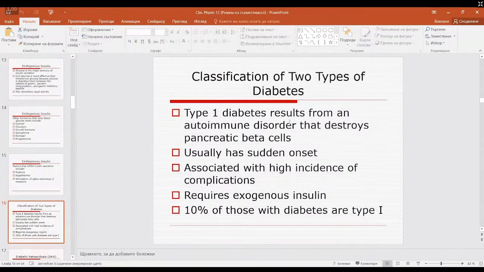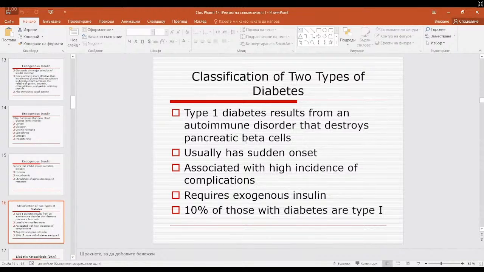Type 1 diabetes, we said, results from an usually autoimmune disorder, but also it can be of totally idiopathic cause, and leads to a destruction of the pancreatic beta cells, which we said are the producers of insulin. So when there are no beta cells, there is no possibility for insulin to be produced inside the organism, and that's why we need to supply this organism by exogenous administration of insulin.